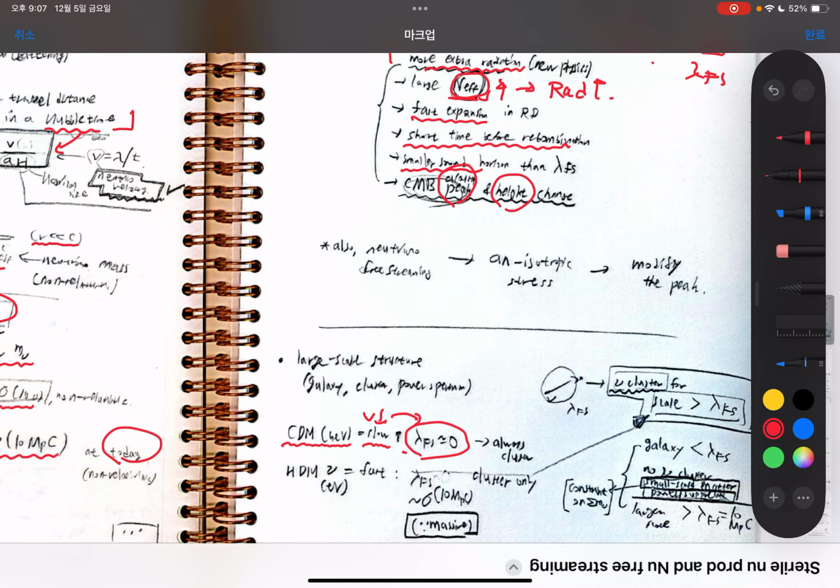Such a slow velocity and negligible free streaming length mean that the cold dark matter always clusters. But the active neutrino with the electron volt scale becomes hot dark matter, whereas sterile neutrinos with the kiloelectron volt scale correspond to warm dark matter.